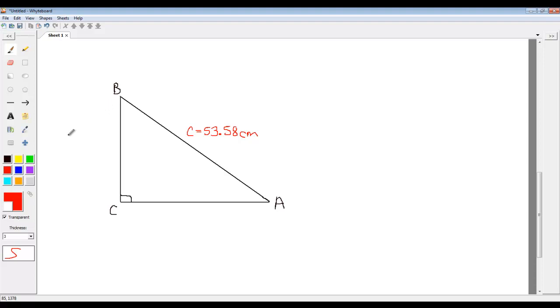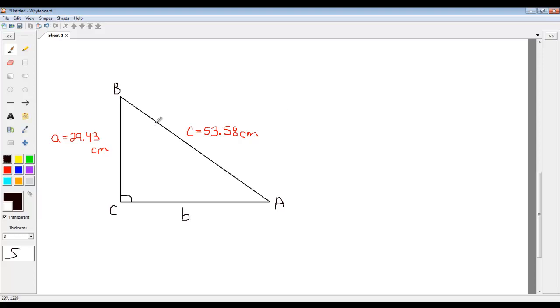And side A is going to be given as 29.43 centimeters. And then we have to find side B. And we also have to find angle A and angle B. We already know C is a right angle.